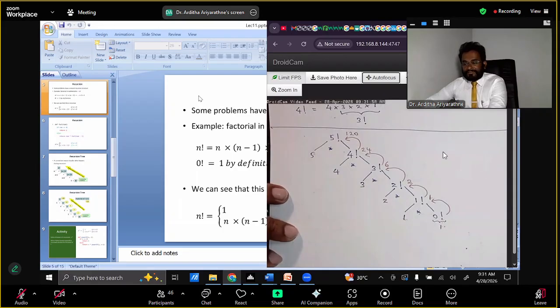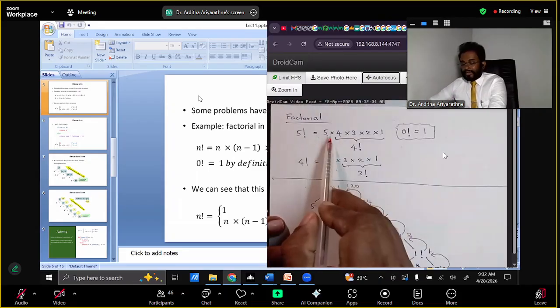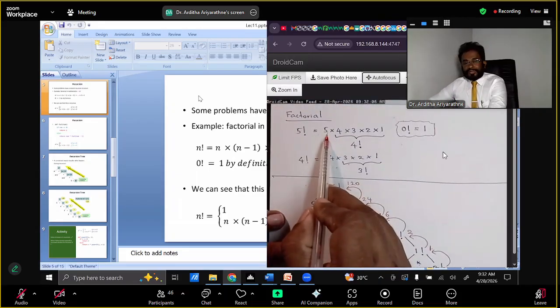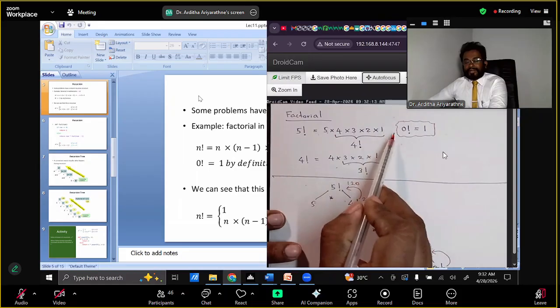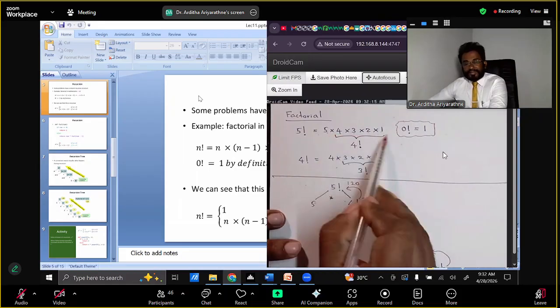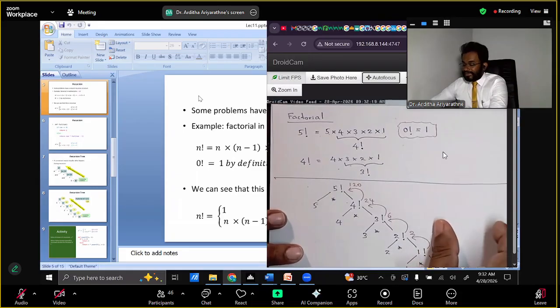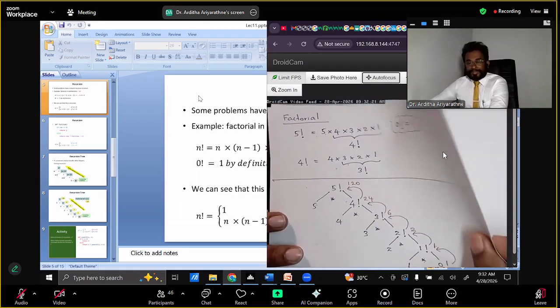But our effort is very little. Normally, if we want to find the factorial of 5, we have to multiply 5 by 4, by 3, by 2, by 1. This is very difficult. But this process is very simple.